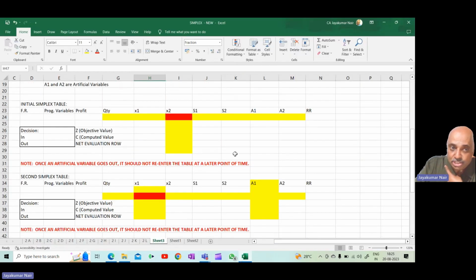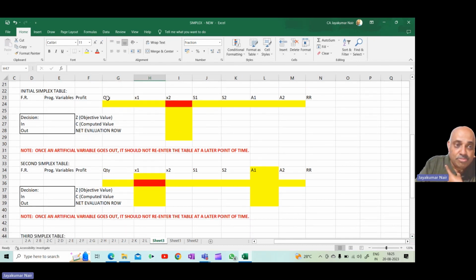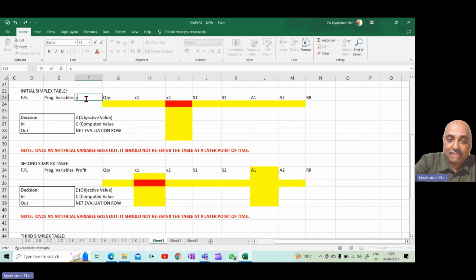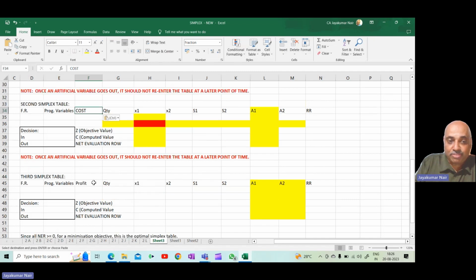For the initial simplex table, the format is first the program variables. Here, I won't write profit, I will write cost, because it is a minimization problem. So it should be cost, cost to minimize. If it was profit, it would be a maximization problem.